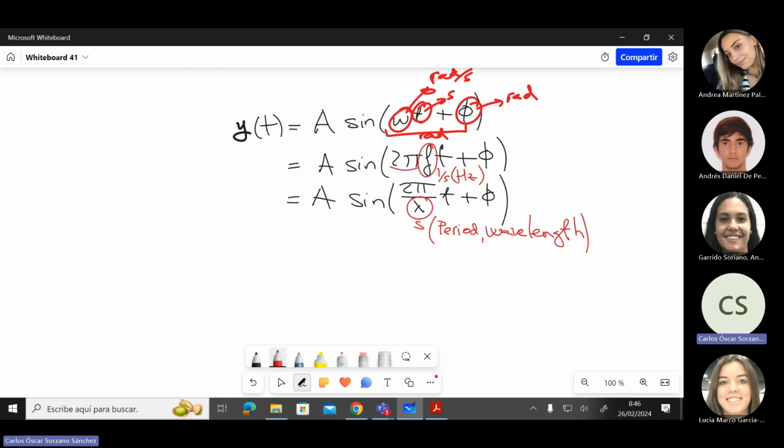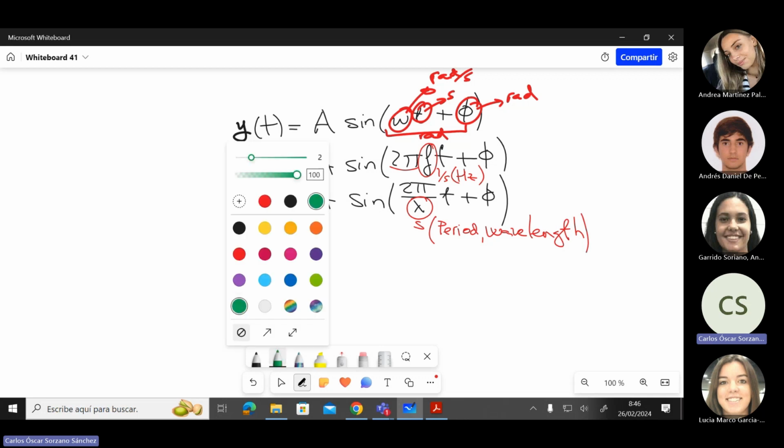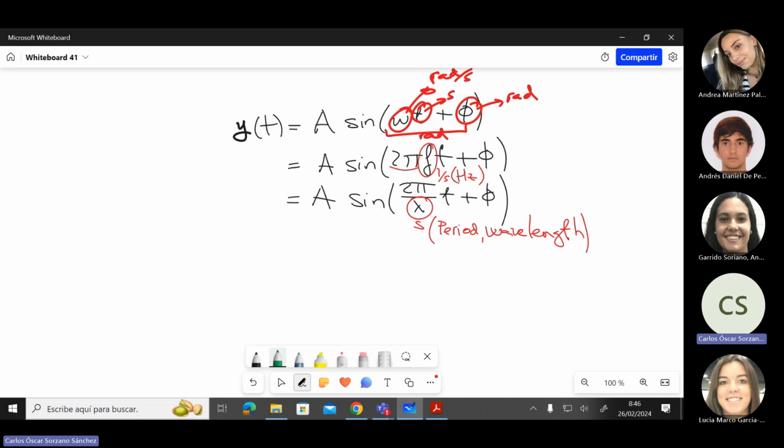And what else here? Yeah, so when you are adding these sinusoids, you can control three things. One is the amplitude. The other one is the frequency or the wavelength or whatever, so they are all equivalent. And the other one is the phase.